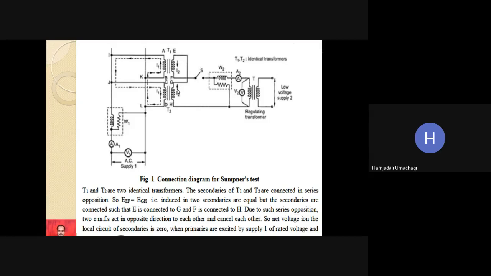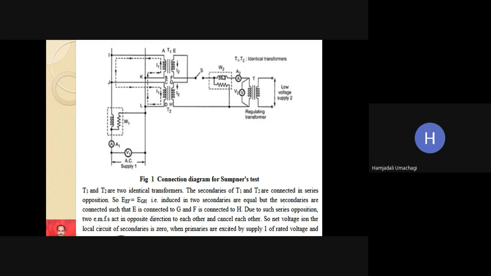Because of that, copper losses I1 square R1, I2 square R2 will come into the picture, and copper loss is nothing but rise in temperature. That rise in temperature, or heat, information will be given by the wattmeter W2. Wattmeter W2 will read the copper loss information. So the rise in temperature value will be added, and it will be given with the help of this wattmeter W2.